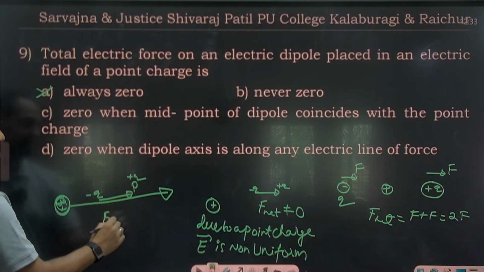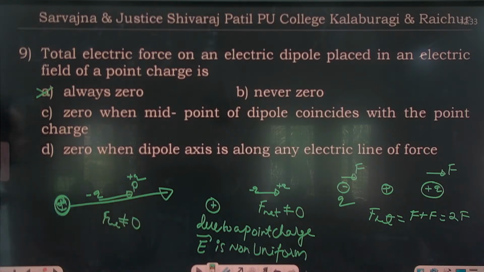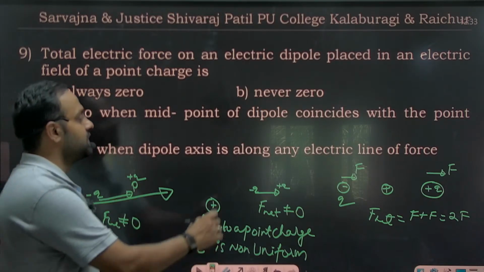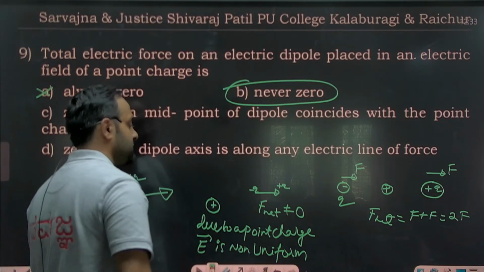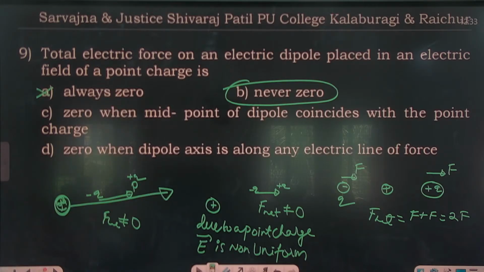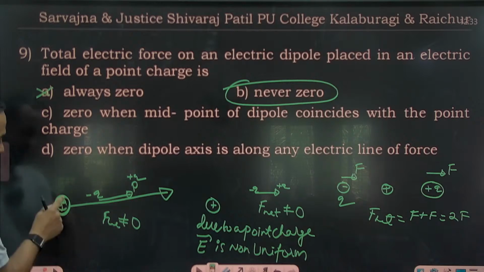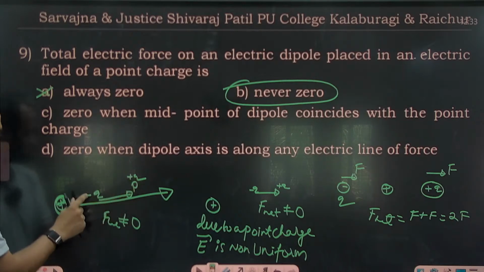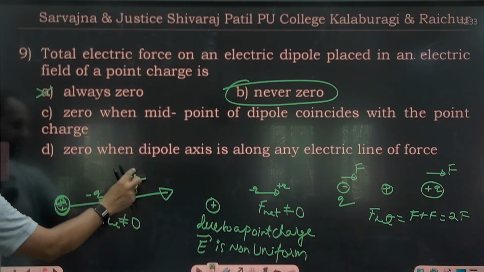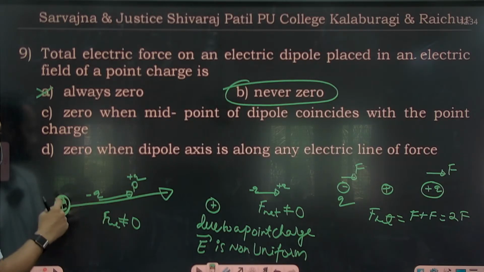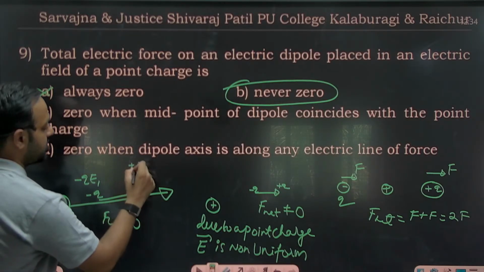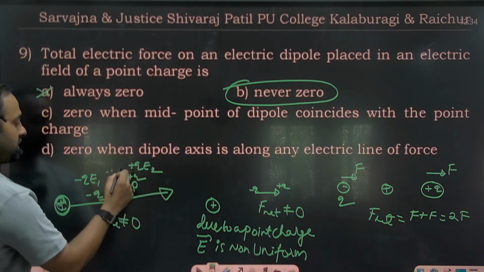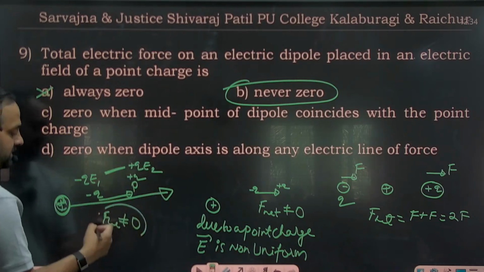The net force in this case will not come out to be 0. Minus q is nearer to the positive charge and plus q is away from it. Here it is minus q into E1, here it will be plus q into E2. Taking the resultant of the two, 0 does not come. That's what we have talked about.